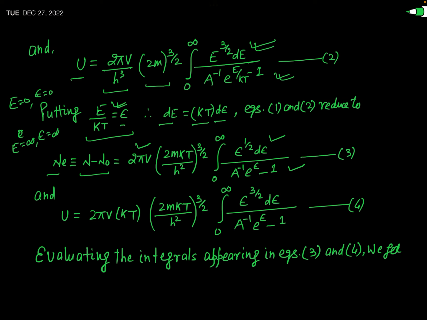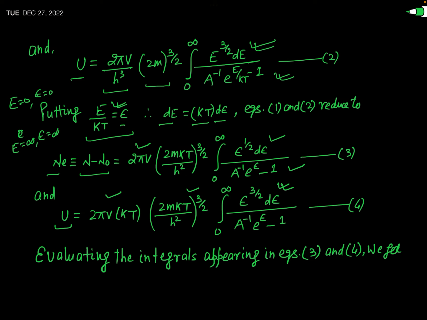And similarly, the expression for the total energy of this gaseous system U is equal to 2 pi V times kT into (2m kT over h bar square) whole to the power 3 by 2 and integral 0 to infinity epsilon to the power 3 by 2 d epsilon divided by A inverse e to the power epsilon minus 1. Okay. So these are the two results for N(E) and U.